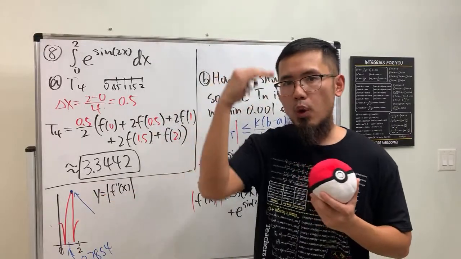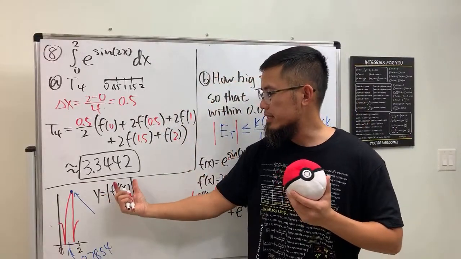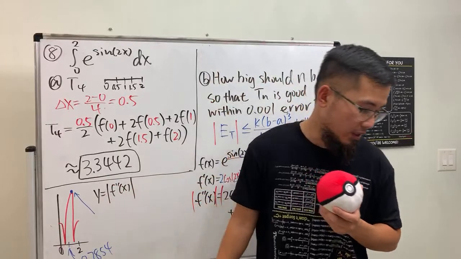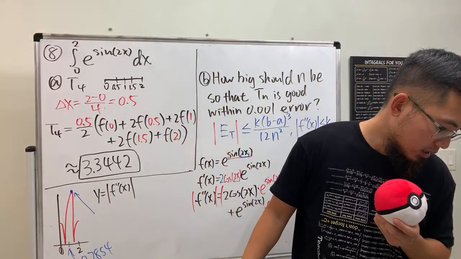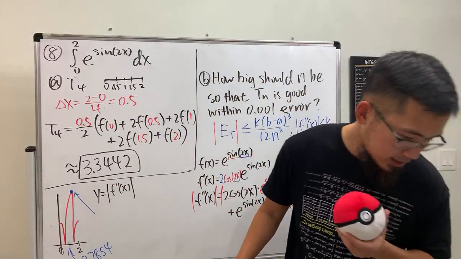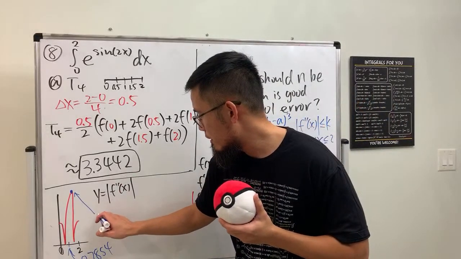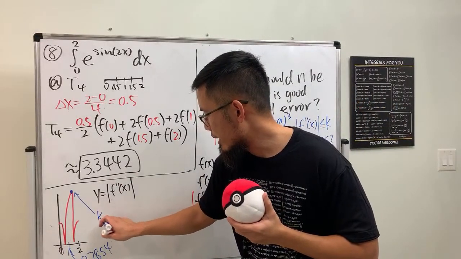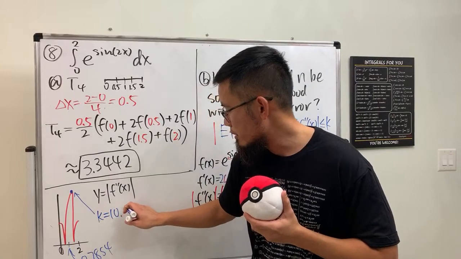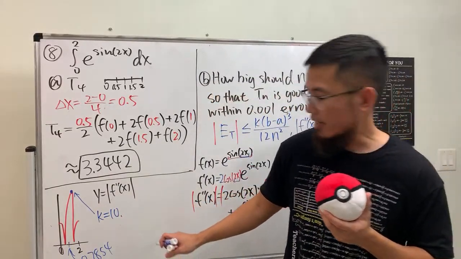But you care about the y, because y represents the absolute value of the second derivative. And the y is 10.8731. So I'll just tell you k is equal to 10.8731.